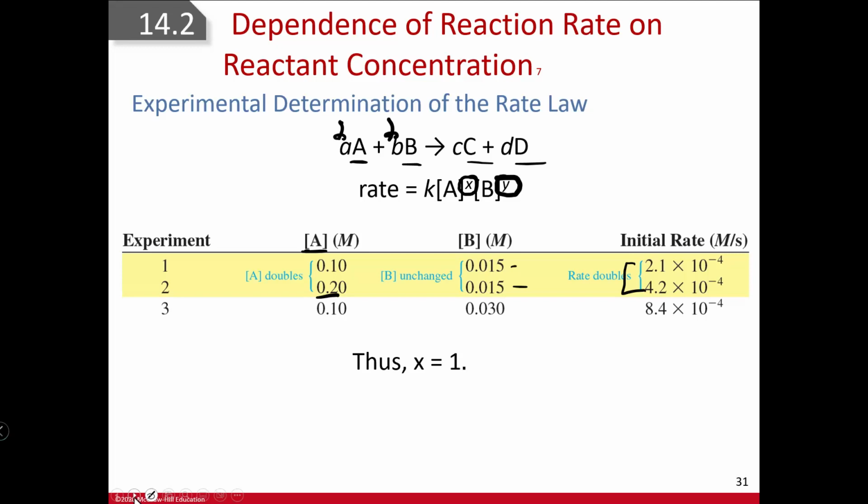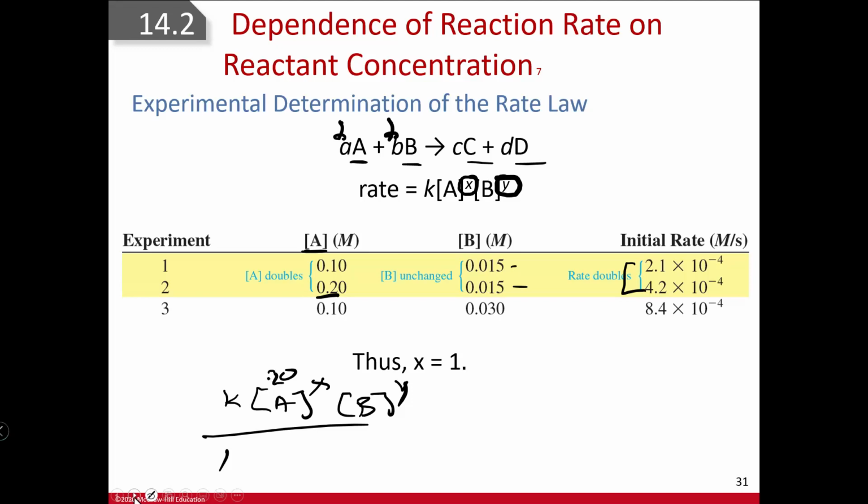Now, again, you could do this formally. You can say the rate is K times A to the X power times B to the Y power. And A is 0.10 molar, and so you could divide that by, let's make this the 0.2 molar to make it easier.